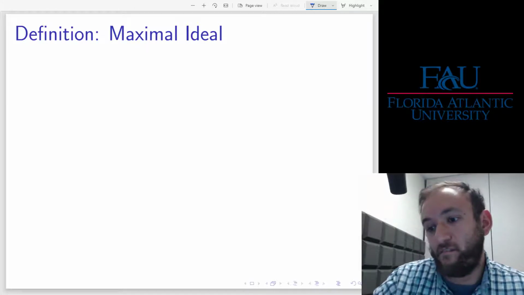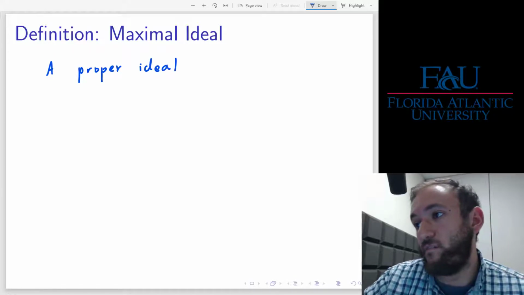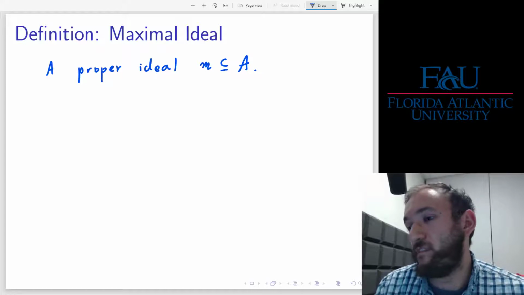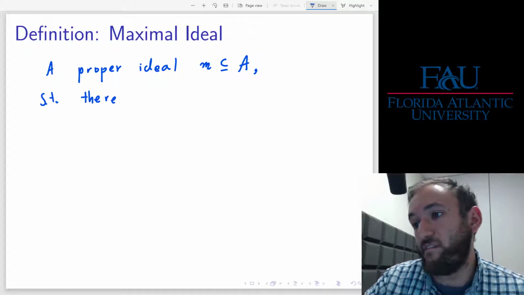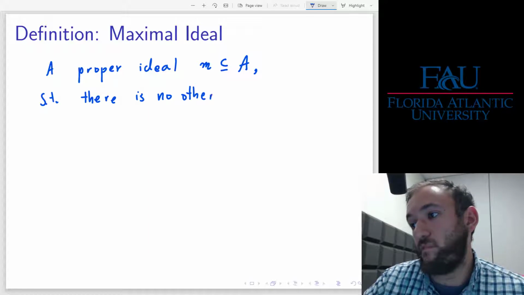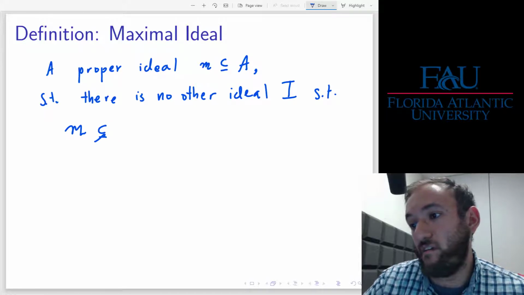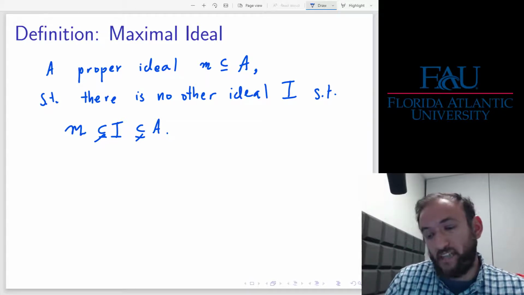So a maximal ideal, often denoted by a fraktur m, in our ring A, is a proper ideal, meaning it's not equal to the whole ring, such that there is no other ideal I such that M is properly contained in I is properly contained in A. So the only ideals between M and A are just M and A themselves. That's a maximal ideal.